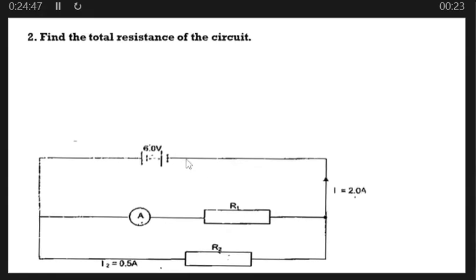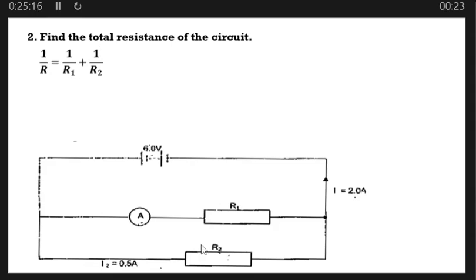So let's go to 2. 2 says find the total resistance of the circuit. So we need to find the total resistance in this circuit. Remember, we derived this formula where we said total resistance is given by 1 over R total equal to 1 over R1 plus 1 over R2, this resistor here.